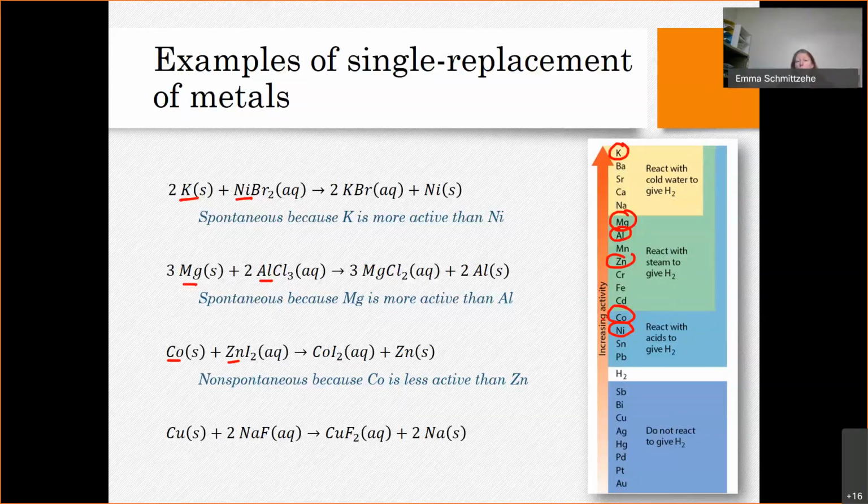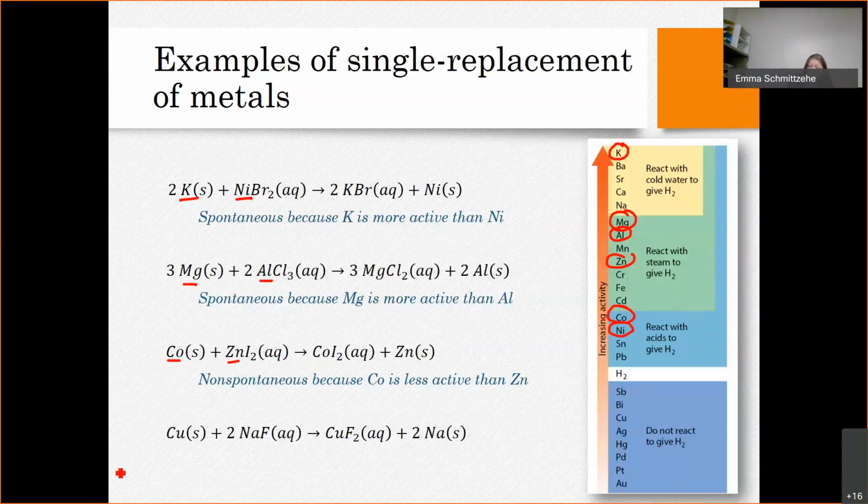So those first two, you can put those reactants together in the same vessel and they'll just react, okay? But that third one, you put cobalt in with some zinc iodide in solution, nothing's going to happen unless you then cause that to happen. You have to actually apply a voltage to it, okay, which we'll talk about in a minute.